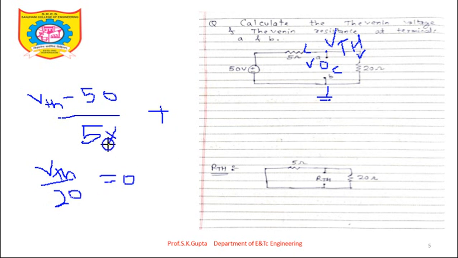Now adjust the denominator. Multiply by 4 here because in the denominator 20 is there, so multiply by 4 here, and here also you multiply by 4. So the denominator is common, 0 into 20 is 0.